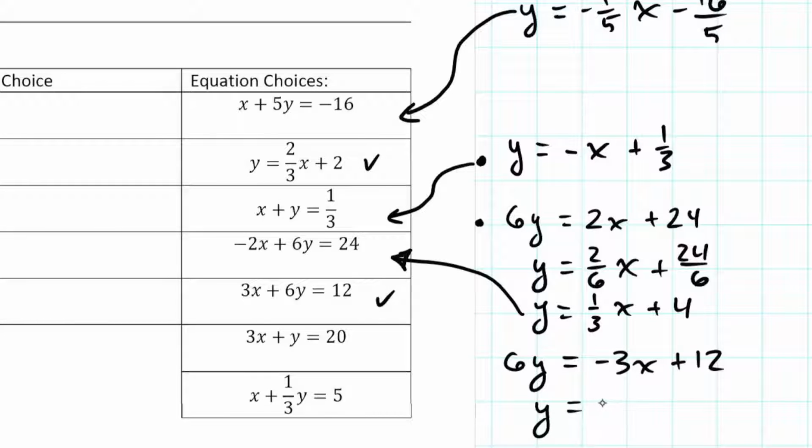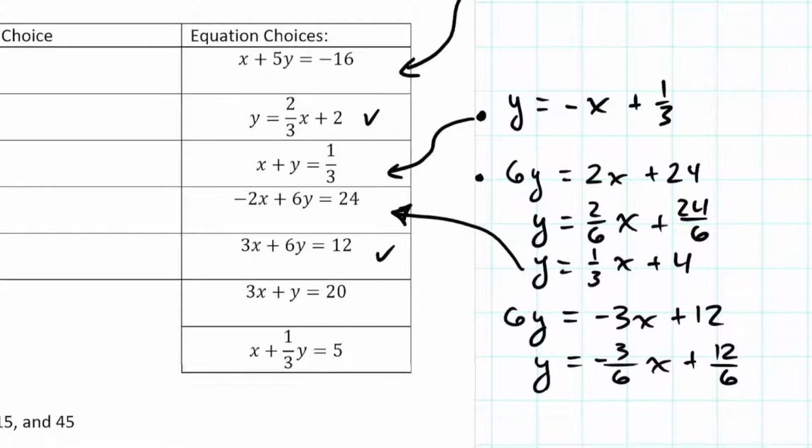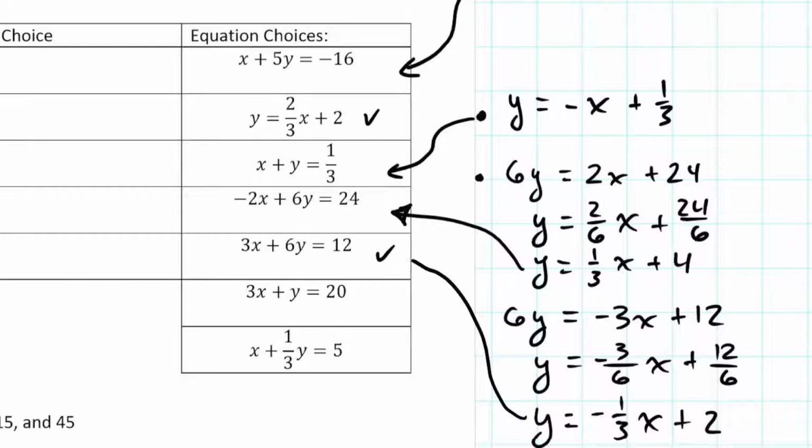This divided by 6 is negative 3 over 6, and then x, and then plus 12 over 6. And I can see both of those fractions can be reduced as well. So this is equivalent to y is equal to negative 1/3 x, and 12 divided by 6 is 2, so plus 2. So this is this equation.